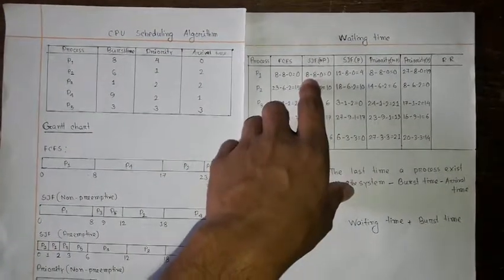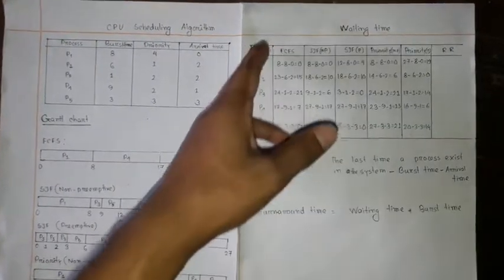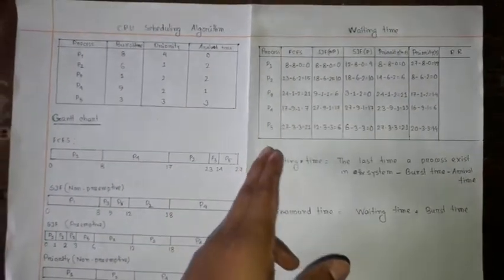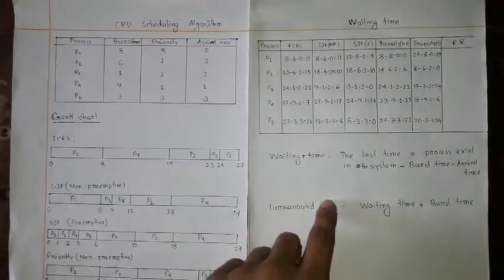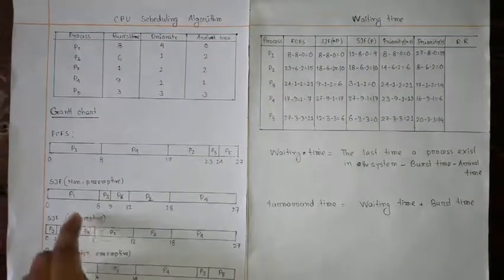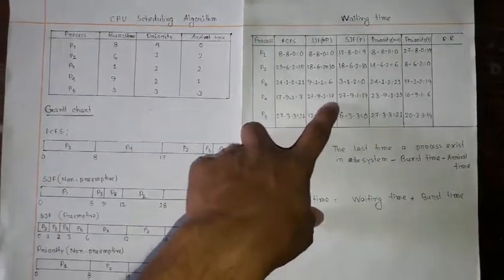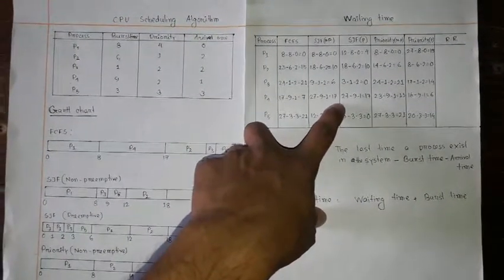So 8 minus burst time 8 minus arrival time 0 is equal to 0. In this manner, the waiting times of the remaining processes can be calculated. For example, process P4 remains in the system until time interval 27. So 27 minus its burst time 9 minus arrival time 1 is equal to 17.